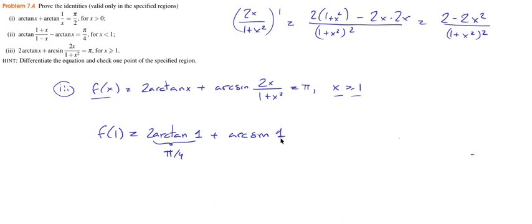And the arc sine of 1, what is the value of the sine that has 1? Well, it's pi over 2. Between minus pi over 2 and pi over 2, the value that makes the sine equal 1 is pi over 2. So 2 times pi over 4 is pi over 2, plus pi over 2 is pi, which is what we wanted to check. And that ends the exercise.